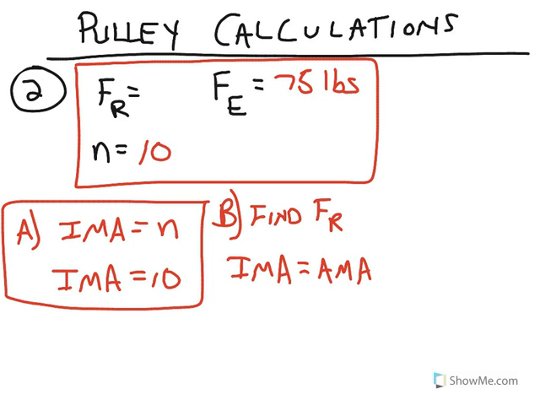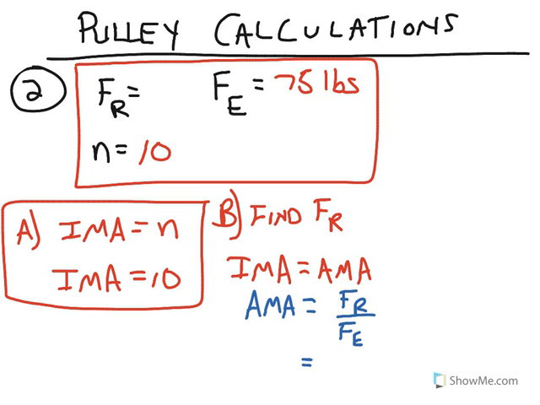Ideal doesn't account for friction, actual does. But that being said, the actual mechanical advantage can be found from the formula: the resistance force divided by the effort force.